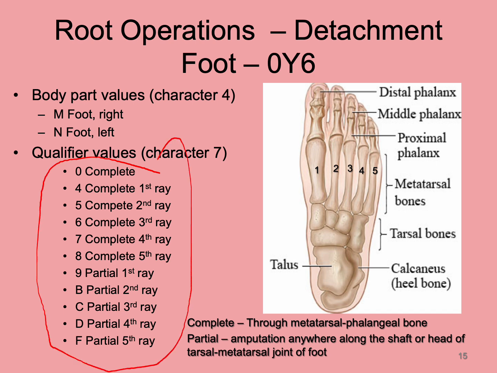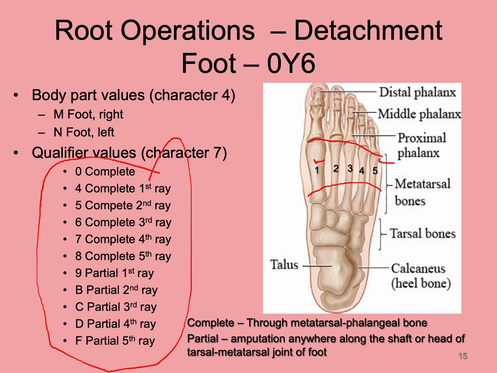Okay, so then we're going to talk about those rays again. For the rays, we start at 1 is the big toe. 5 is the pinky toe. So just count over 1, 2, 3, 4, 5 that way. So complete is through the metatarsal phalangeal. Complete, that's right there.